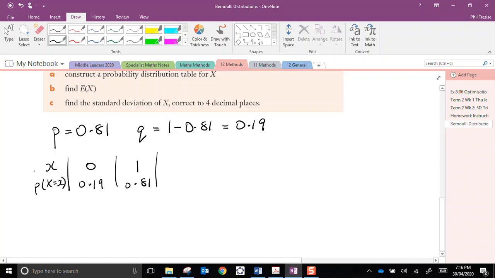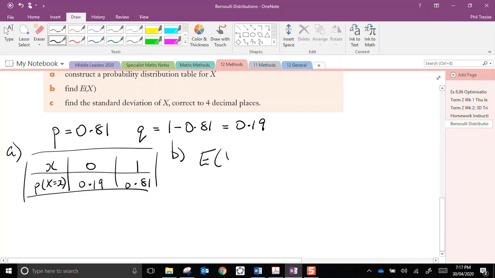There is your probability distribution for this event. Now that was part A. Part B, find the expected value of X. Well, that's just equal to p. We already know that that is 0.81. Done. Simple as could be.